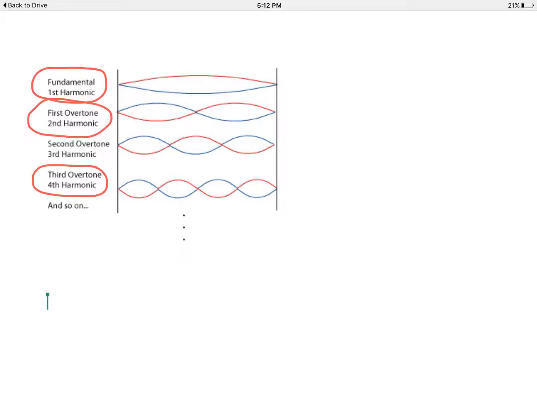Now in each case we have nodes and antinodes. Let's take the fourth one, the third harmonic. I'm sorry, the fourth harmonic, it's the third overtone. This fourth case here has five nodes. There's five of them. 1, 2, 3, 4, 5. Those are spots where that part of the string is not moving.